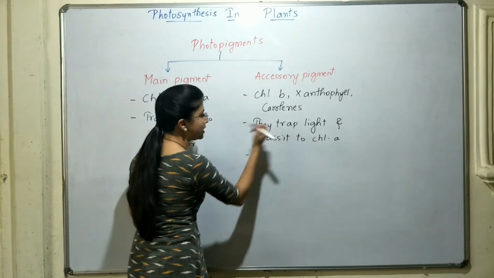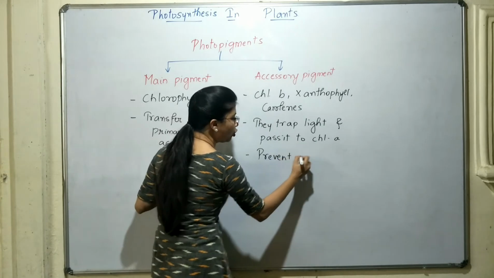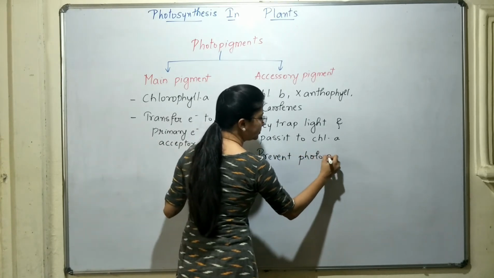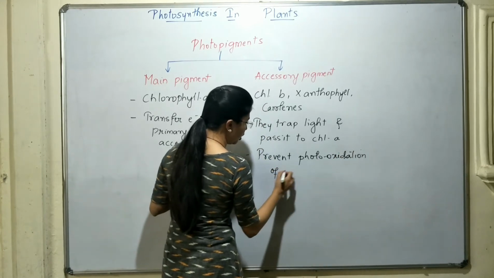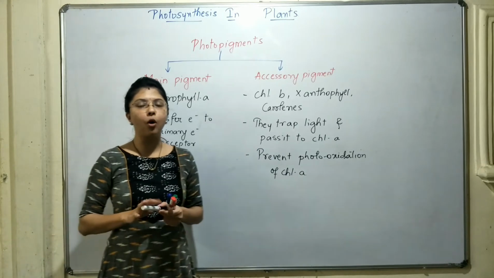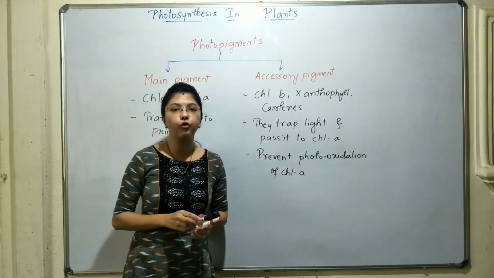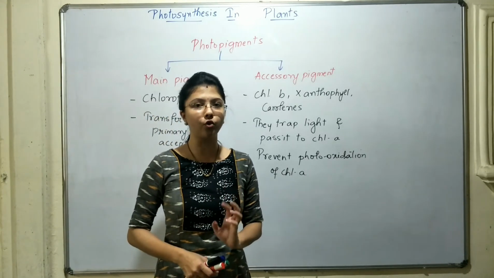So these pigments prevent photooxidation of chlorophyll A molecule, because if only chlorophyll A molecule continuously absorbed light, there are chances that it will get photooxidized, and photooxidation is not going to help in the process of photosynthesis.